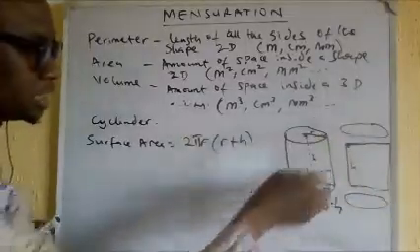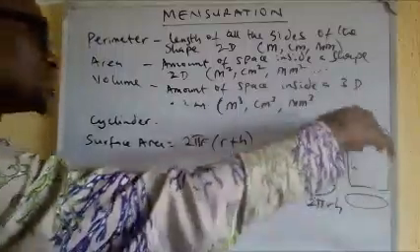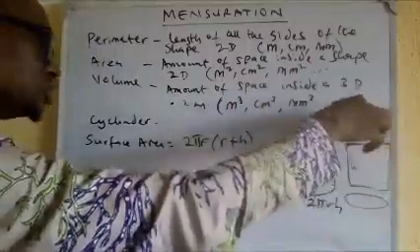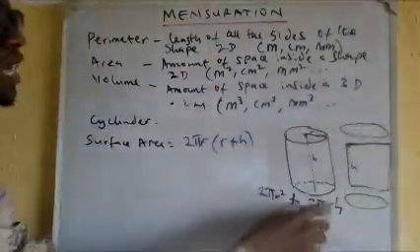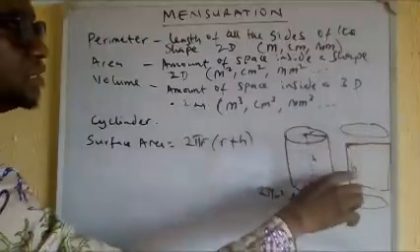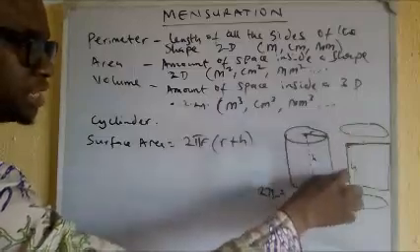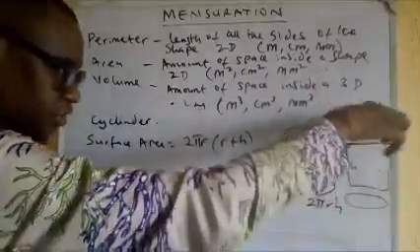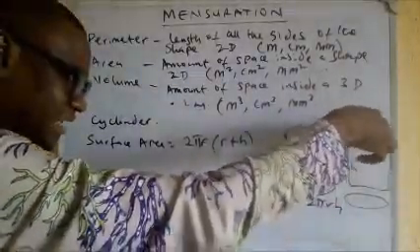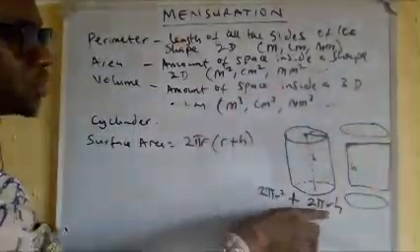Then the area of the side that wraps around the fringes of these two circles to form the cylinder is the length times the breadth. I will take h as the length. The other dimension goes around the circle, so you use the circumference. That's why we're having 2 pi r.